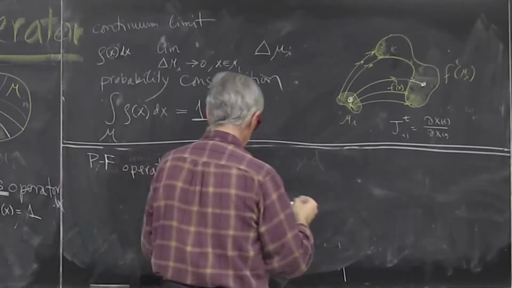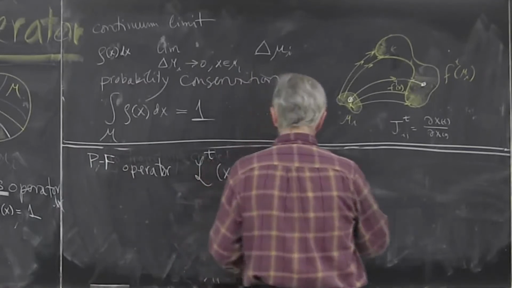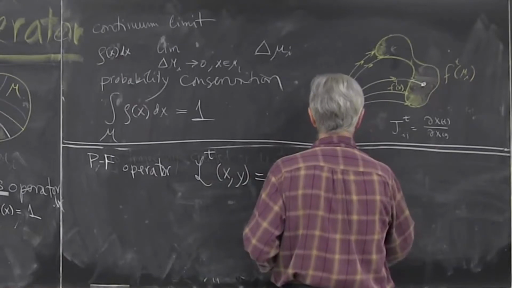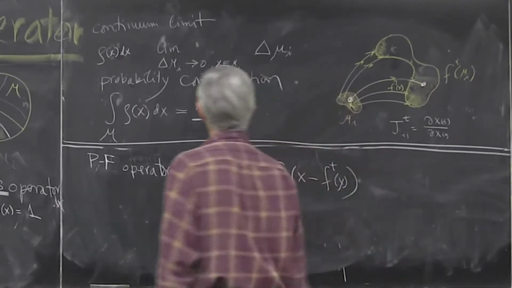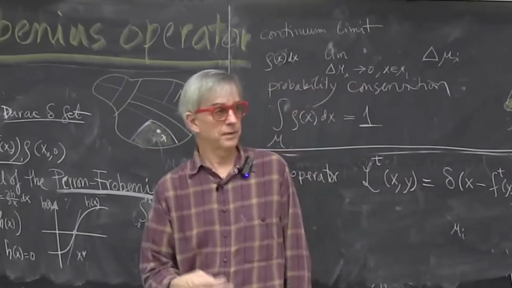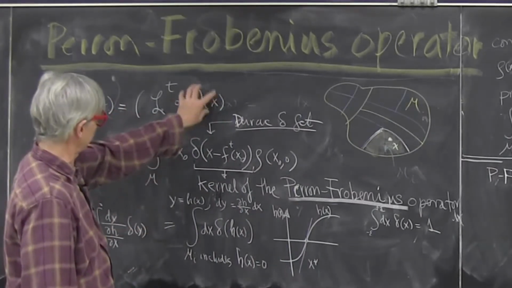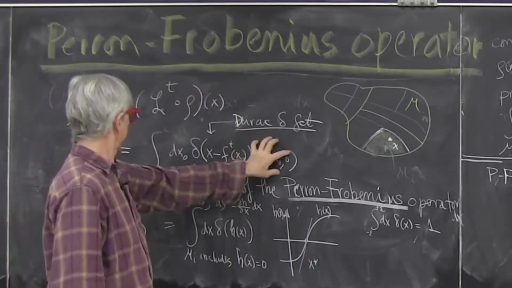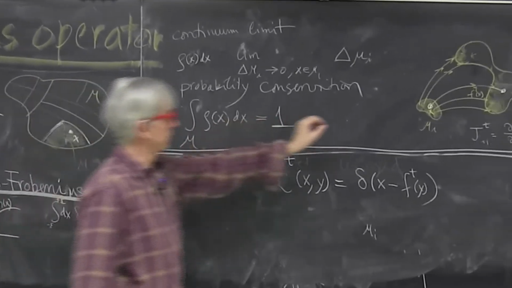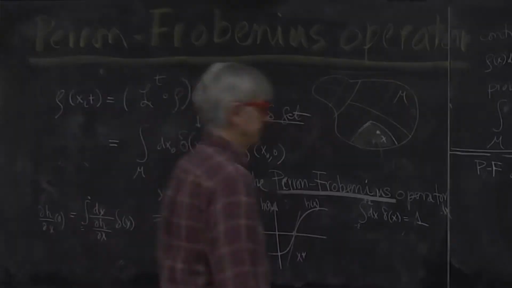I use curly L. And here, what we are saying is, and it's not obvious that things should work out this way, this is a linear operator, just like Green's function is a linear operator, because it's a linear operator on the space of functions, which are the densities. And what it does is, it takes a density, does something to it, rearranges it, according to the law of motion, and produces a density.